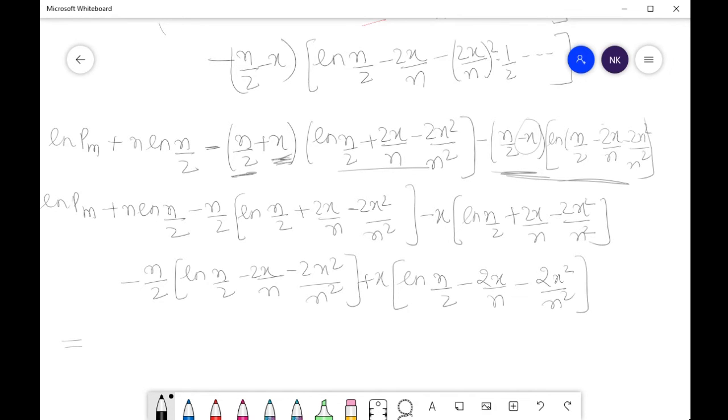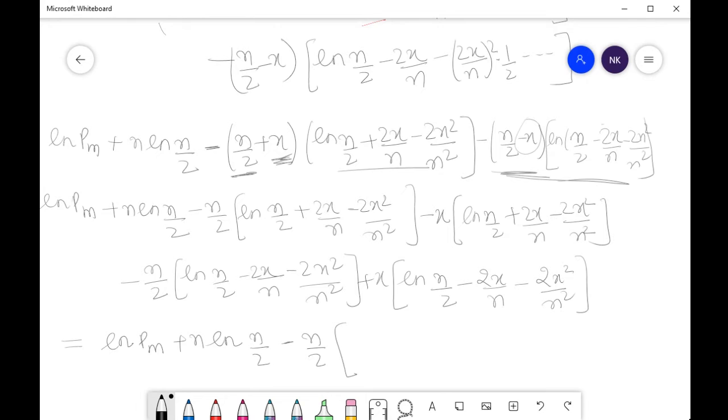So multiplying all the terms, I am getting the term log Pm plus n log n by 2 minus n by 2. अब मैंने क्या किया है?